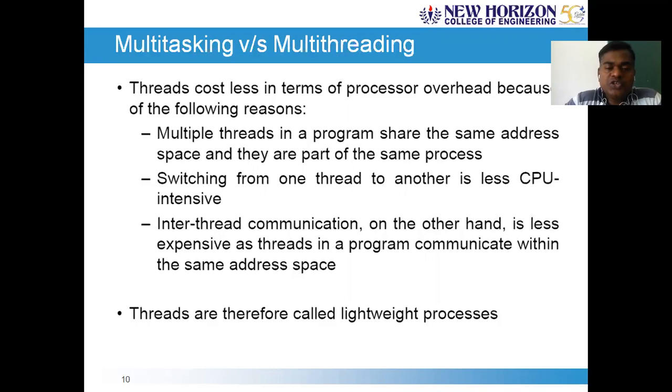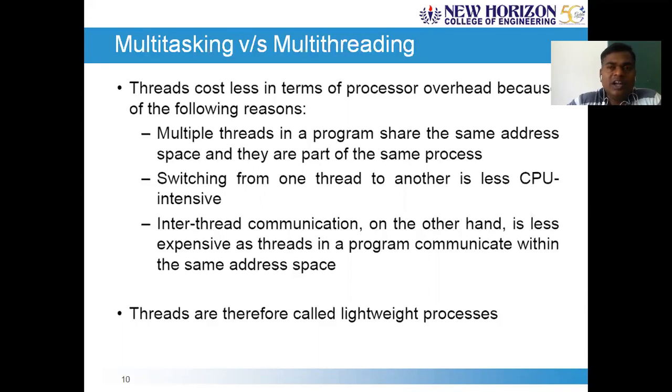Also, switching between each of these threads of the MS Word process takes less CPU time. We call it less CPU intensive, which means CPU time will not be used much when you are switching from one thread to another.